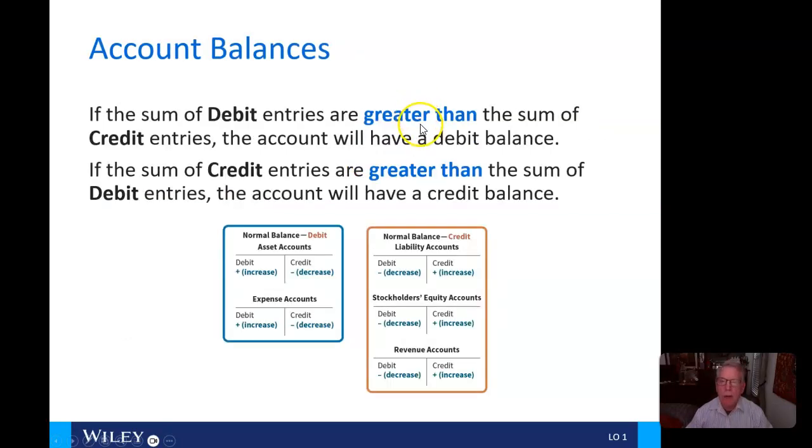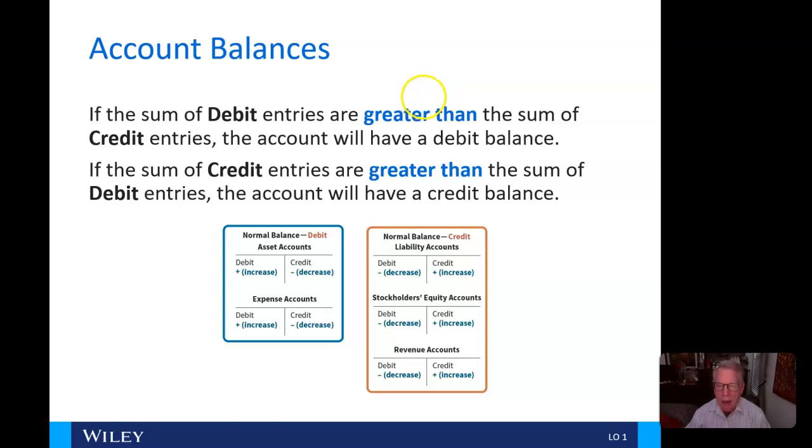Okay, account balances. If the sum of the debit entries are greater than the sum of the credit entries, the account will have a debit balance. Conversely, the same thing if the credit entries are greater than the debit entries. Now, if we look at the balance sheet, the left-hand side, as I call it, are the assets.